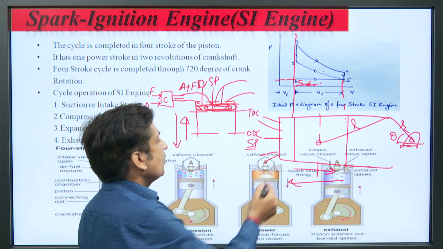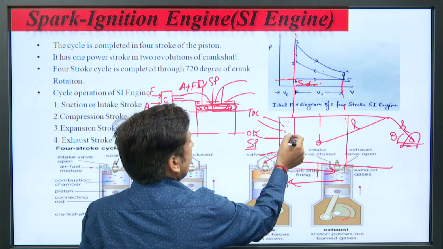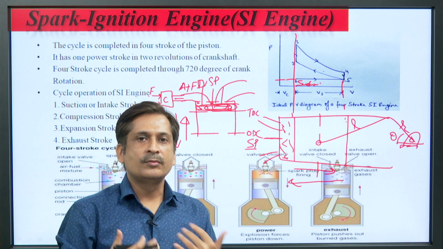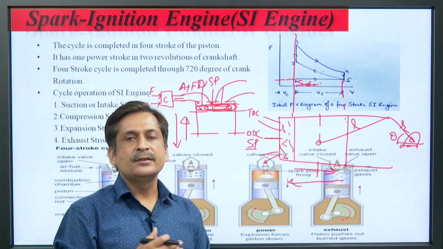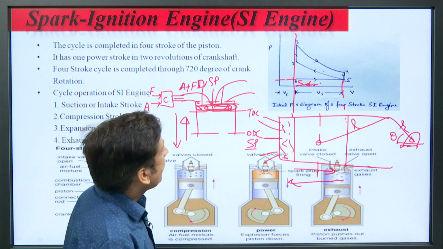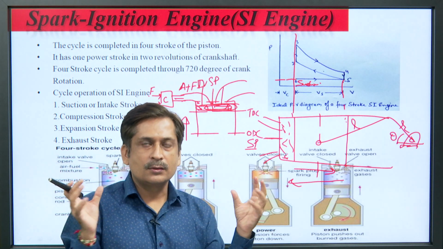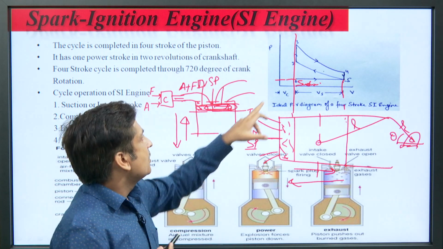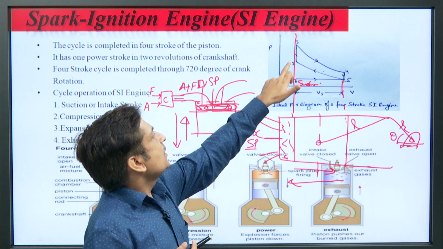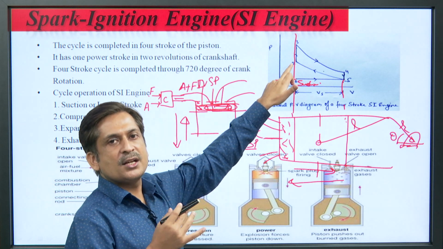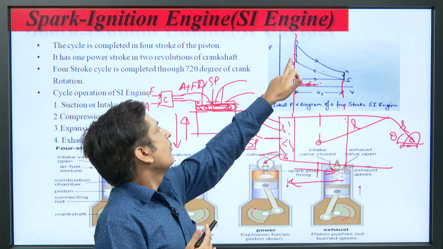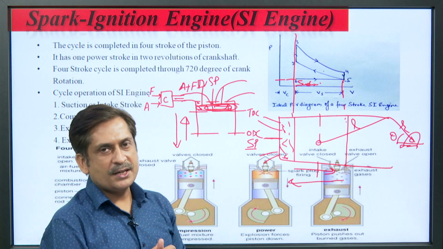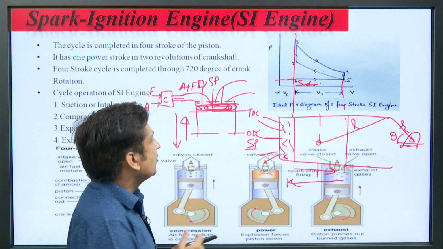Because of that spark, the already compressed charge here gets ignited. When the accumulated charge is ignited, at point 2 the pressure and temperature suddenly shoot up to point 3, which is the maximum pressure and maximum temperature.